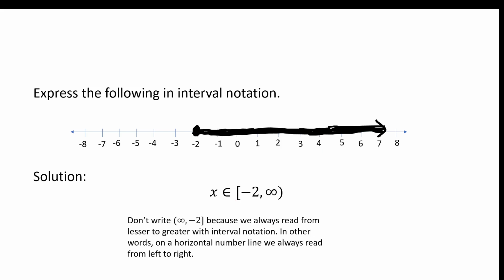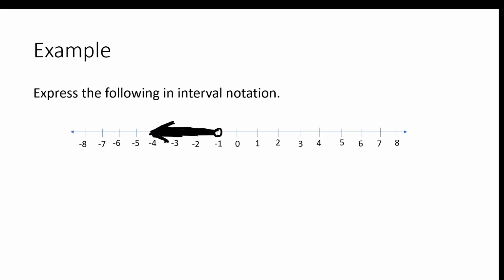Now, sometimes people will say, oh, okay, so we included all the numbers between infinity and negative 2. That would be incorrect, though, because in this course, in this context, we're always reading left to right. We always read it that way, so give the smaller, then the bigger. So in this question here, this arrow means we're going infinitely to the left, so we can shade that in, at least in our mind's eye.